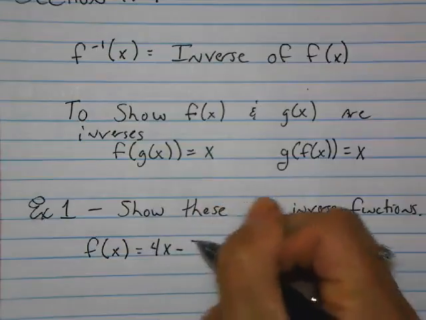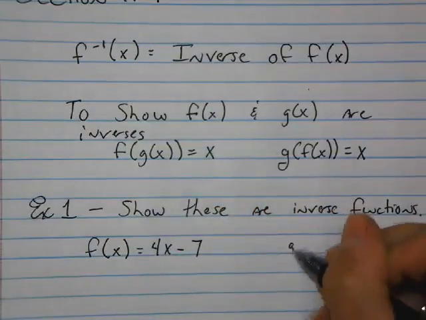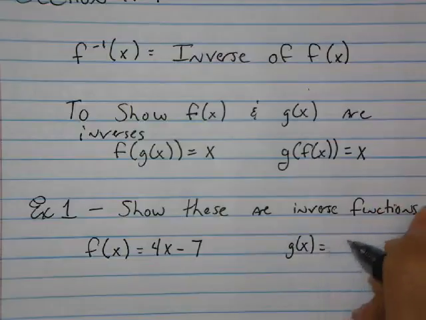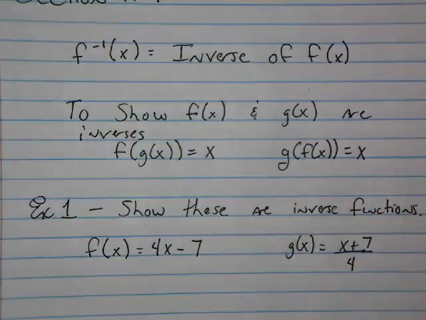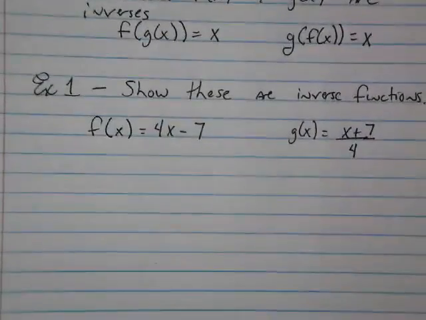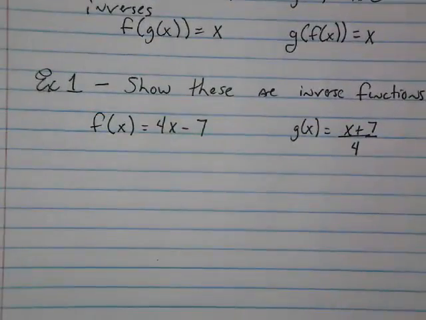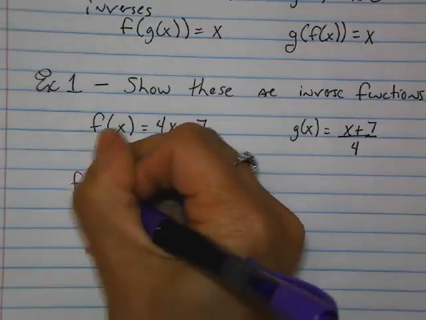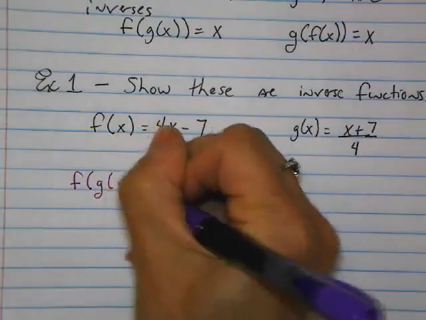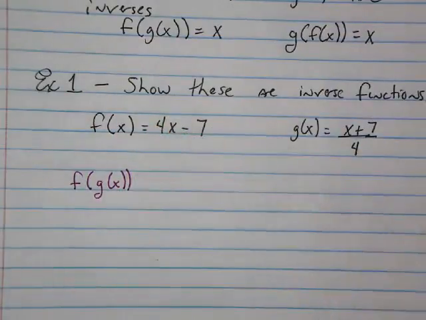So you have f of x is 4x minus 7, and g of x is x plus 7 over 4. So what you're going to do is first find f of g of x, which is what we did yesterday. That's that composition of functions.